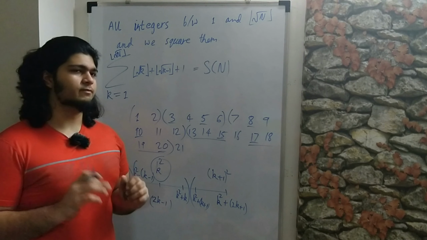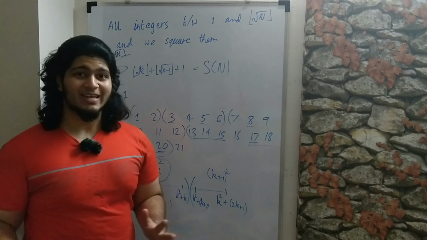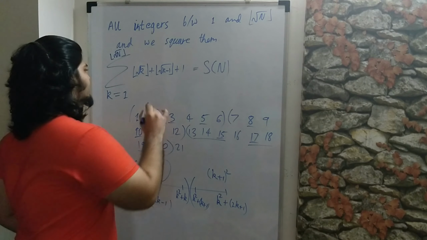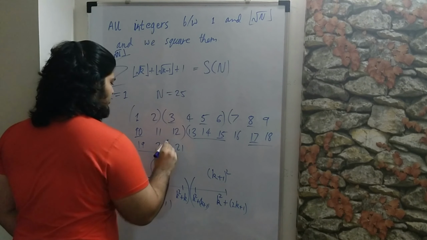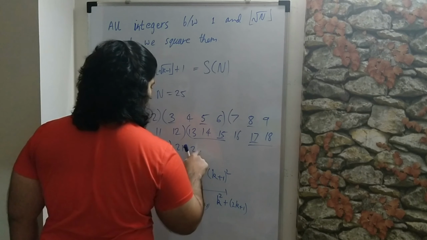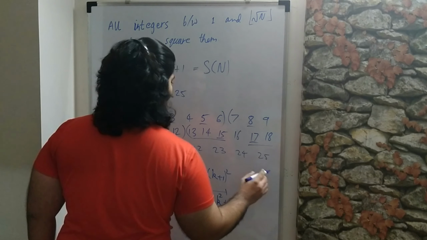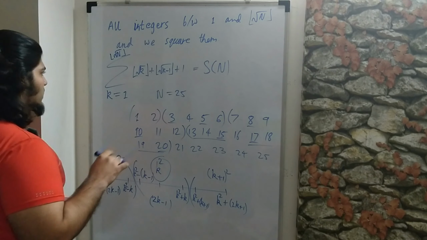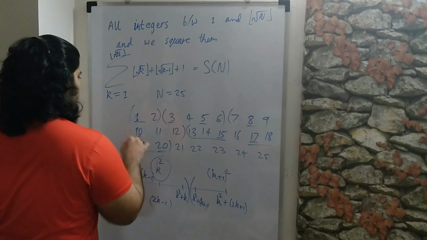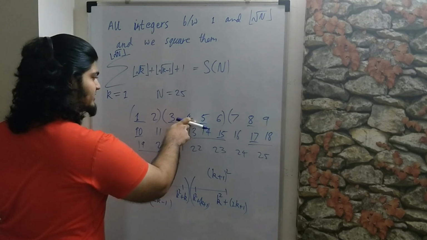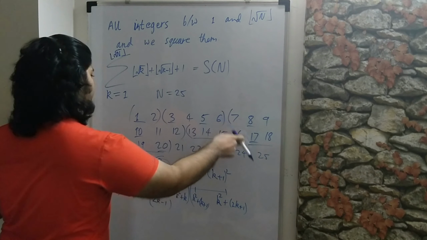There is a slight problem with this, and that is something which happens at the very end. To explain that problem, let's take the example of n equals 25. We already have most of those integers till 25 written out, so I'll write the remaining as well. Now our function will find the number of squarish integers related to 1, the number related to 4, and so on till the number related to 16.